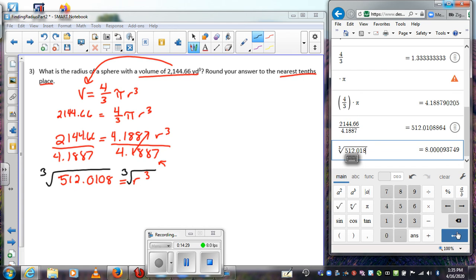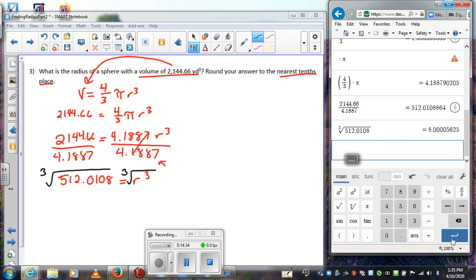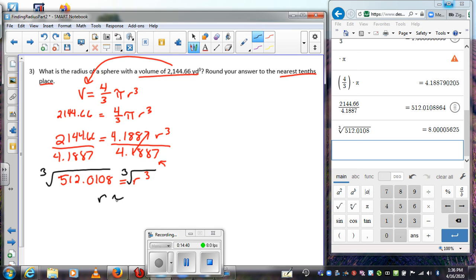And I am getting 8.00, so r is approximately, and I need to round to the nearest tenth, so that's going to be 8.0, and you do need to have the 0 there. If it asks you to round to the nearest tenths place, you need to have a digit in the tenths place. So there you go. All right, let's try another problem here.